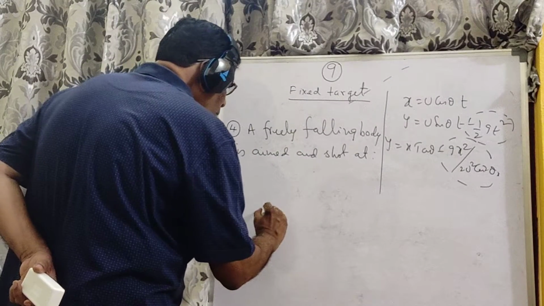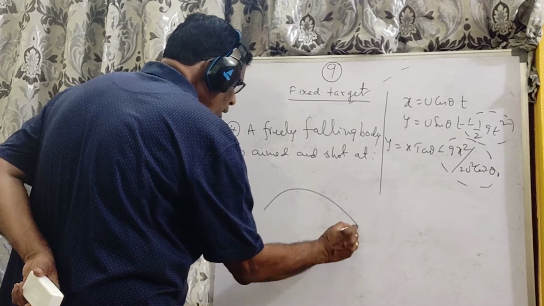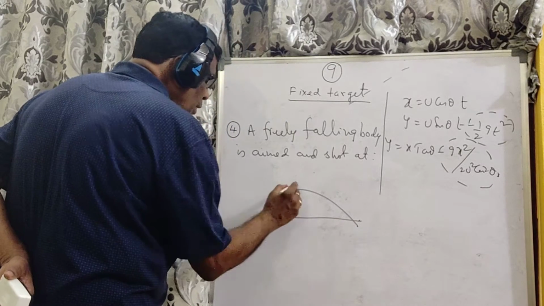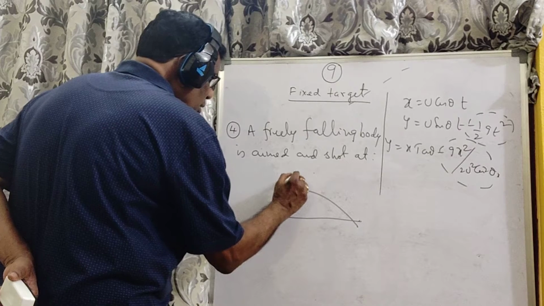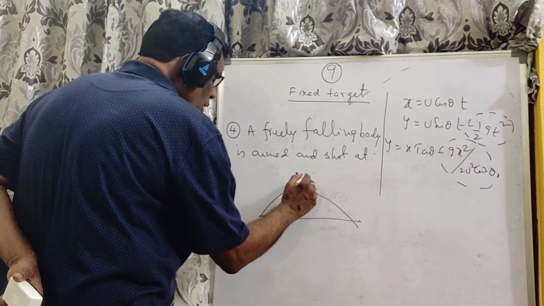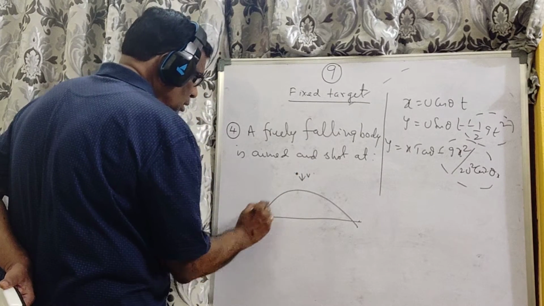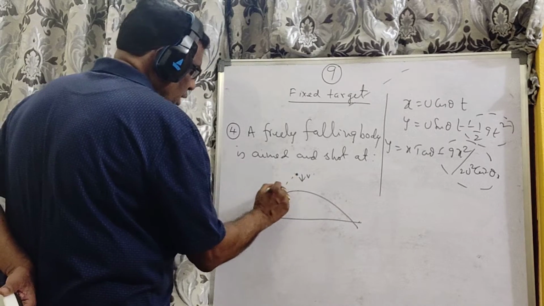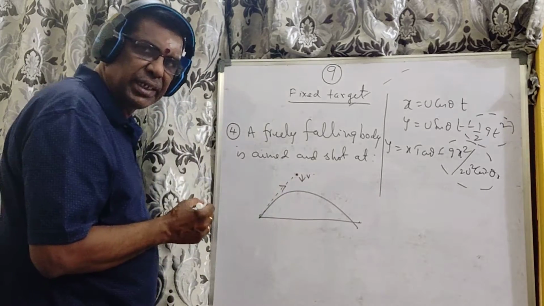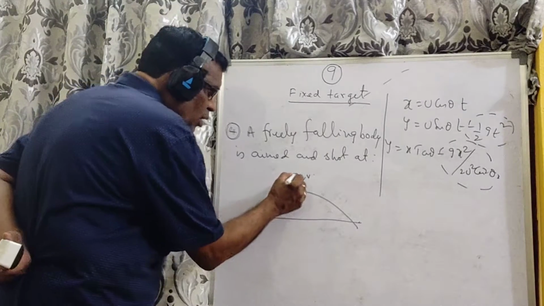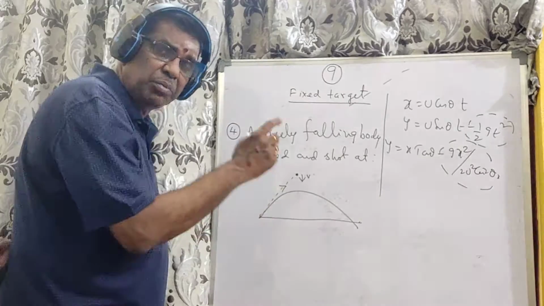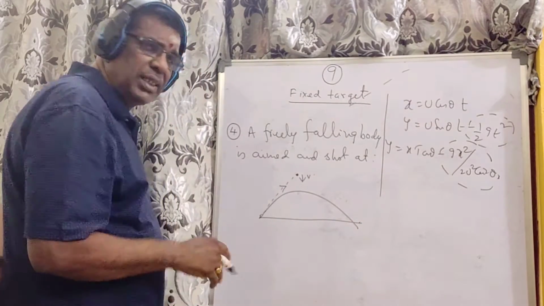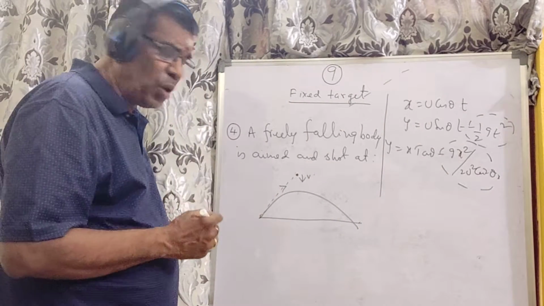Now, when you draw like this, the body is already falling with certain velocity, and this is how you are viewing. That is straight line viewing, and it is not dropping itself, mind you. If it drops itself, it will definitely hit the target if the body is thrown in the same plane. That is obvious.